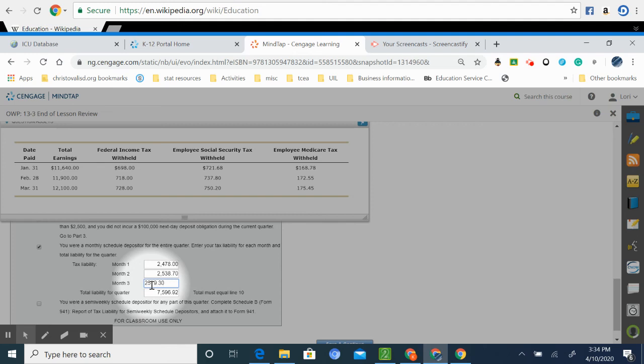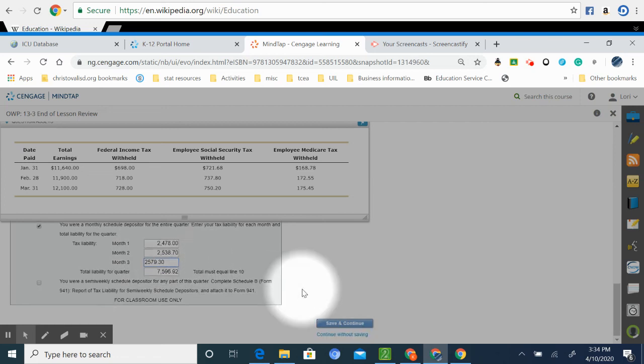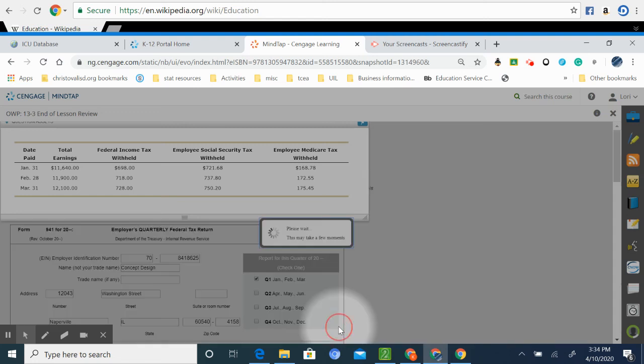And for month 3, $2,579.30. And so when we add those numbers together, you end up with $7,596.92. Again, just to double check, add those numbers together. And we're going to go ahead and save and grade.